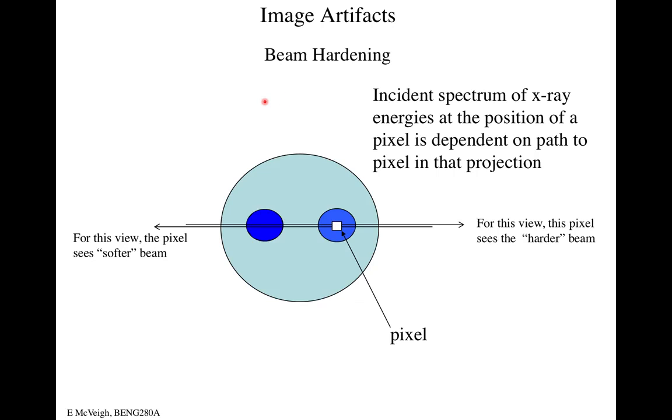This is a very subtle artifact that still causes great consternation, and it's called beam hardening. And I think we talked about this a little bit. If you recall, when the X-ray spectrum comes out of the tube, there was a peak at a specific energy, and then it rolled off to whatever the maximum energy you could get. Then as the energy got lower and lower, the number of photons dropped down significantly.